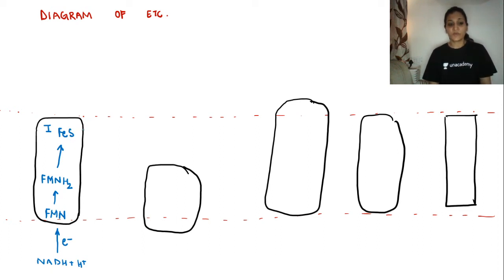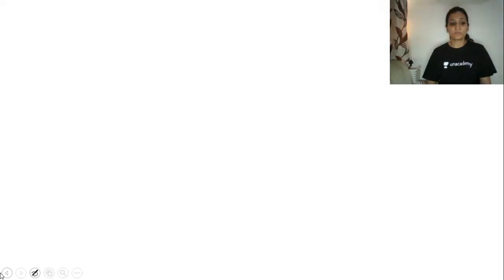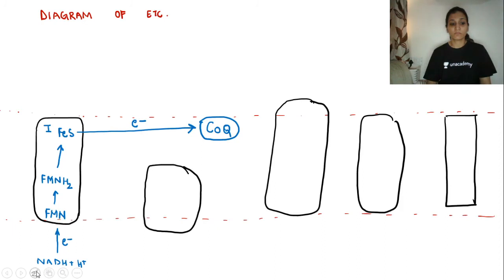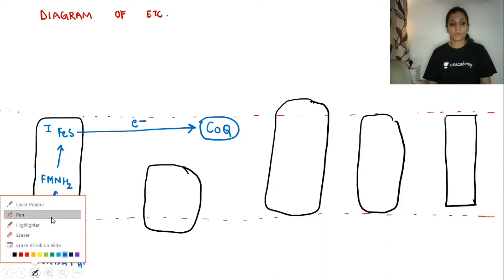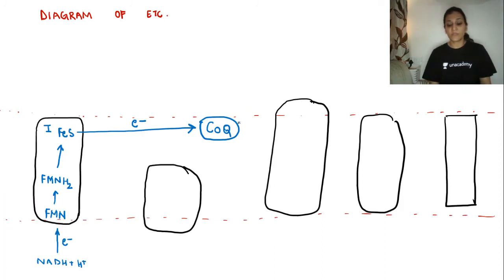Now the electron is not going directly to the next complex. There will be coenzyme Q. So the electron from the iron sulfur complex goes to coenzyme Q, and from coenzyme Q the electron goes to the next complex.